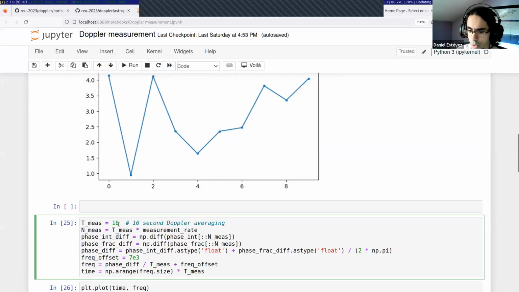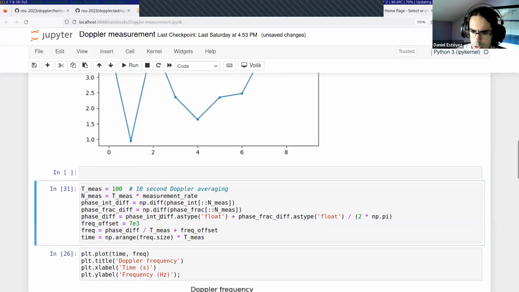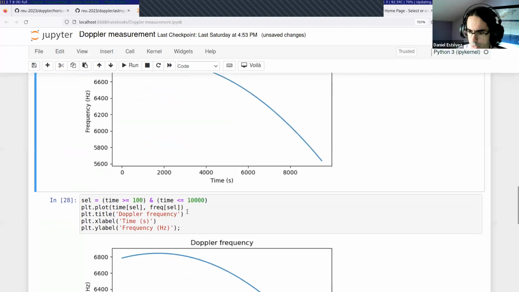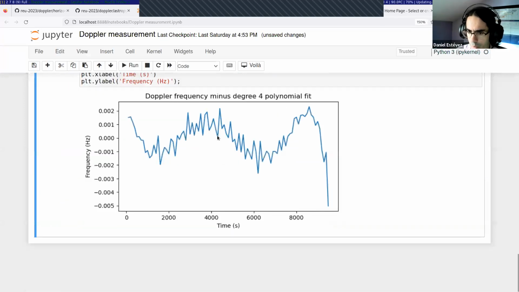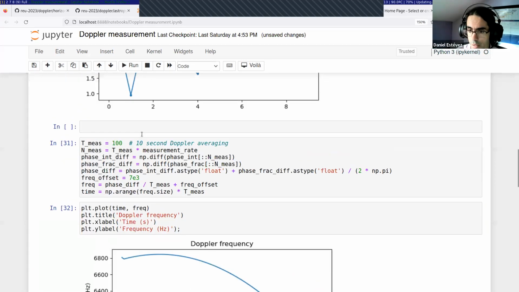And if you increase the time resolution here, increase the integration time to 100 seconds, then we can repeat this, and we can see that now the error has decreased even more, because we are averaging more.